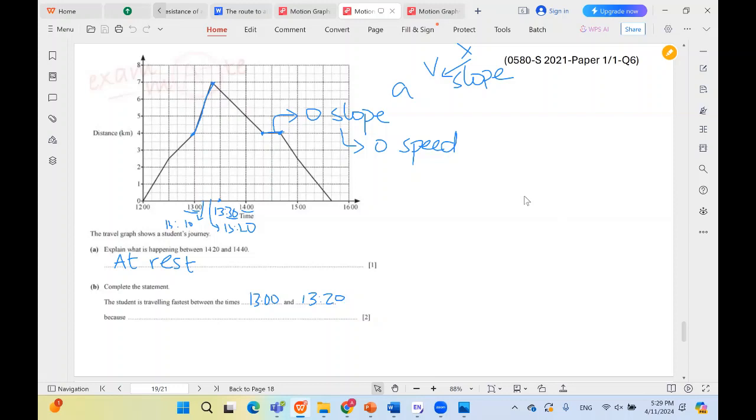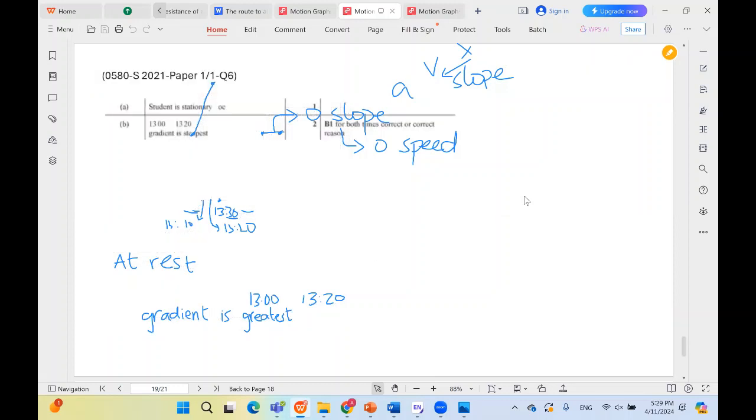It's because the gradient is greatest, or steepest gradient or slope. These all mean the same thing. So you can write the slope is the greatest or the gradient is the steepest or whatever. These would all be correct.